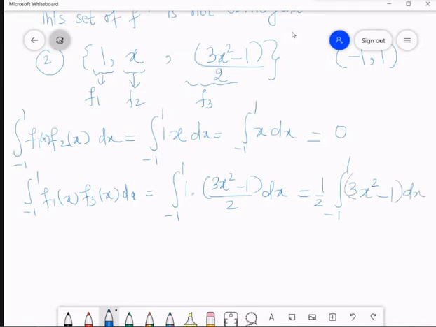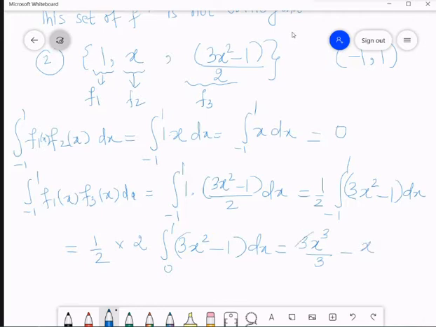This is an even function, so I'll have 2 times the integral from 0 to 1 of 3x square minus 1 dx. The 2 and the 1 by 2 cancel, so the integration gives 3 into x cube by 3 minus x.